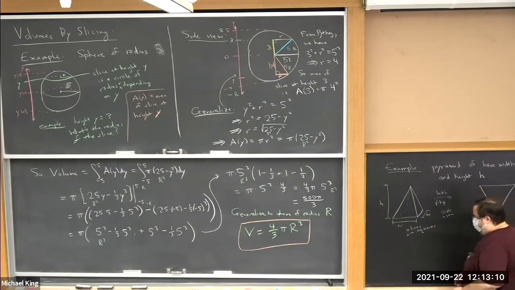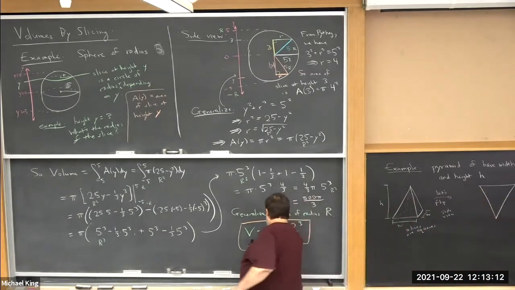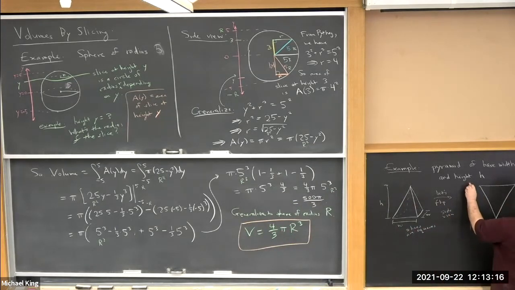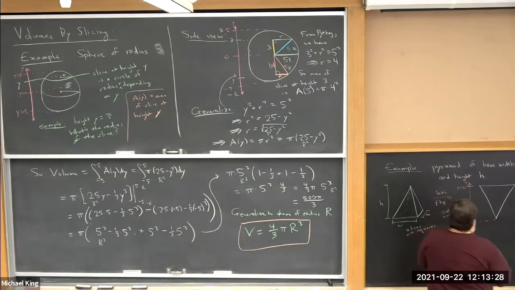And now if I want to put my axis on here, height Y, this is Y equals 0. This is Y equals H. And a generic slice at height Y has a width. I used W for width, so what other letter can I use?